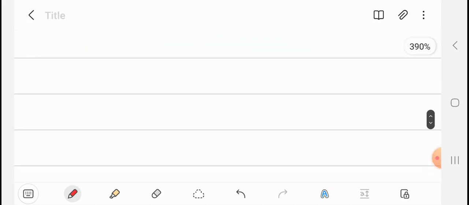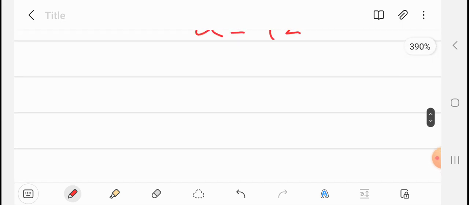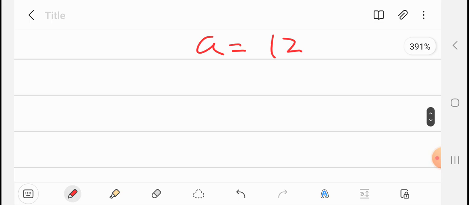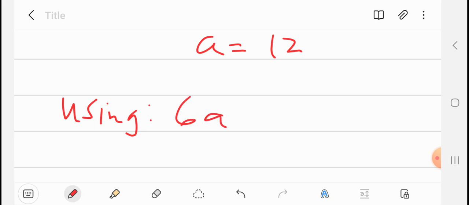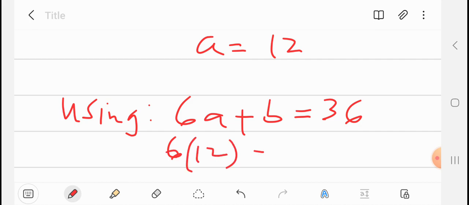We have therefore, using one of the equations, equation 1, which is 6a plus b equals 36, 6 into 12 plus b, which equals 36.